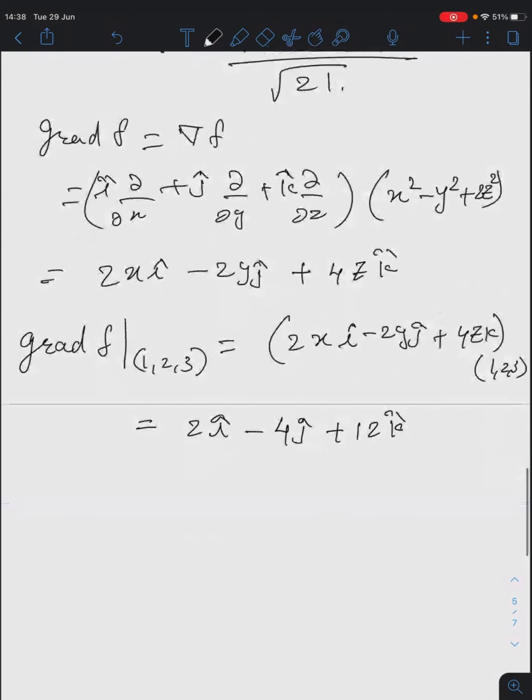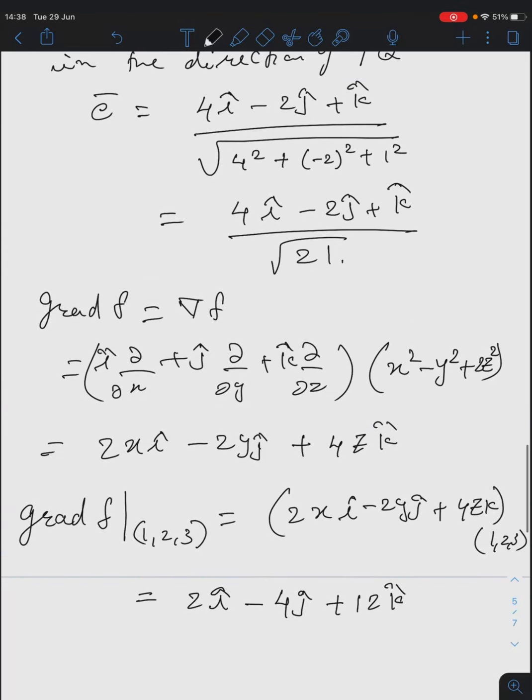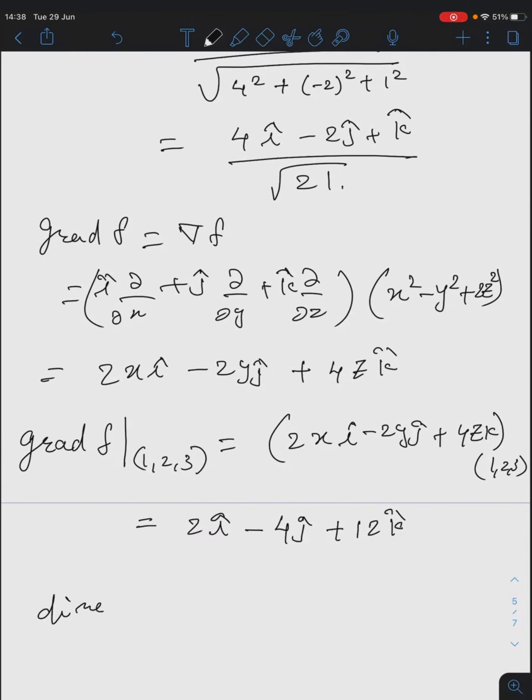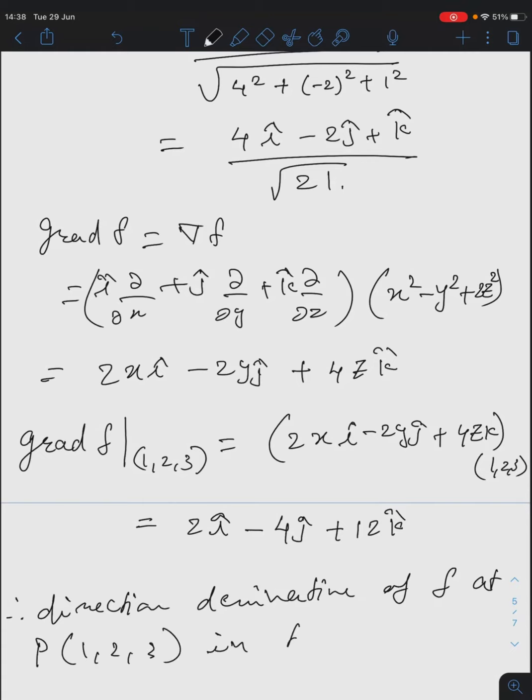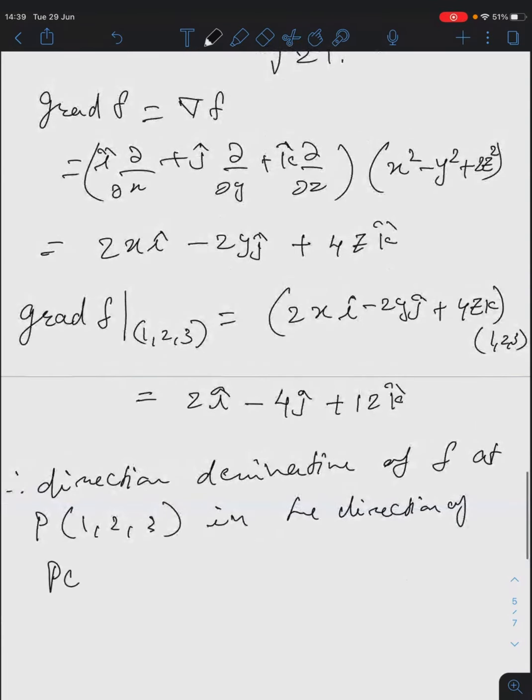Okay. So now you have the gradient of f at a particular point. Now you need to calculate its directional derivative in the direction of this vector. So write down, therefore, the directional derivative of f at the point P, which is 1, 2, 3, in the direction of PQ bar is given by e bar dot del f.